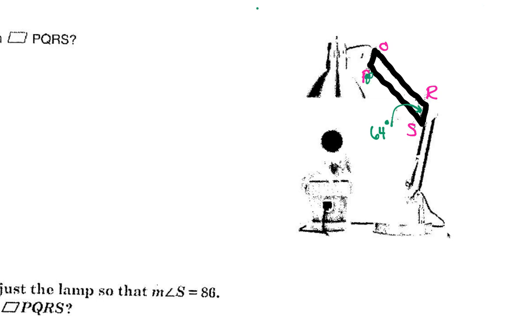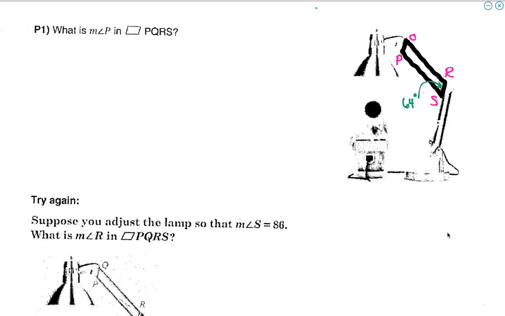Well, P is consecutive to S. So that means the measure of angle P plus the measure of angle S equals 180. And that's theorem 6.4.